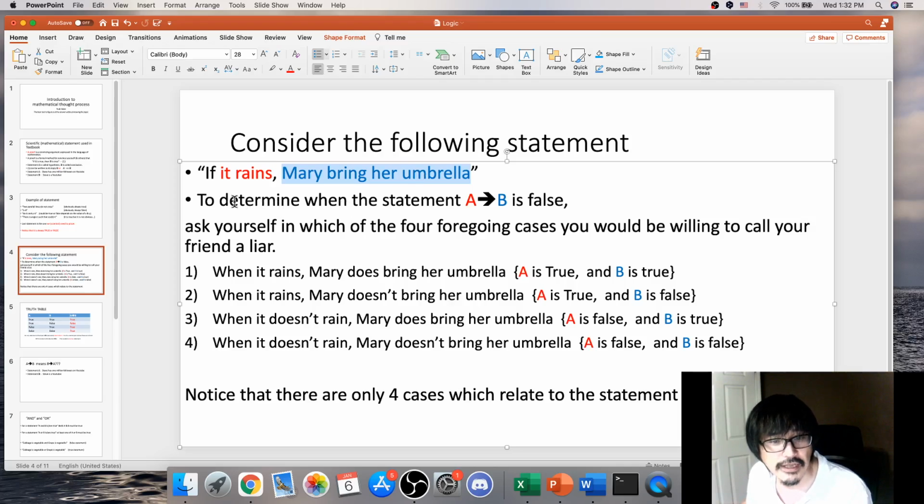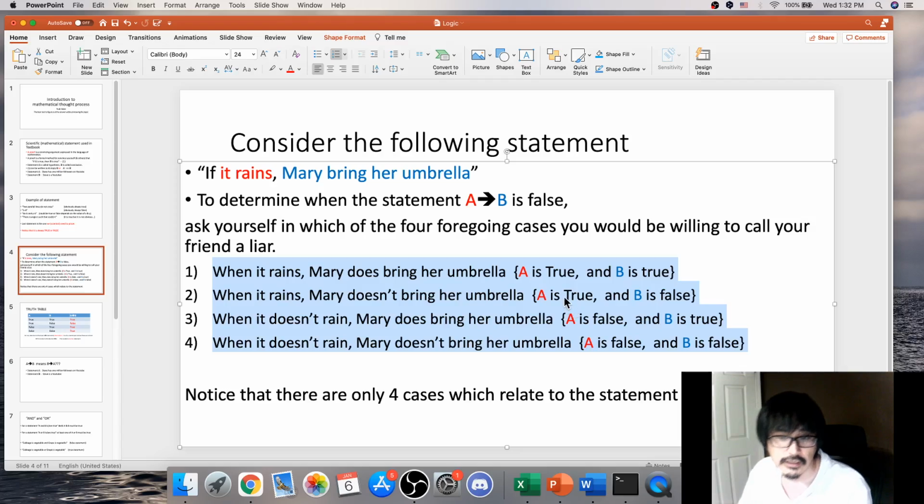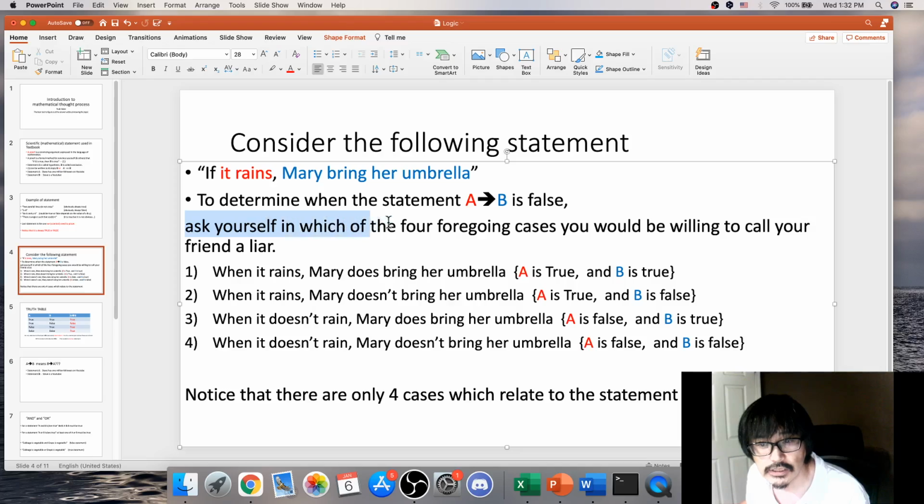To determine whether A implies B is false, you have to ask yourself about all the combinations, in this case 4 combinations: A is true, B is true or false, or A is false and B is true or false. You have to ask yourself in which of these cases you would be calling your friend a liar.